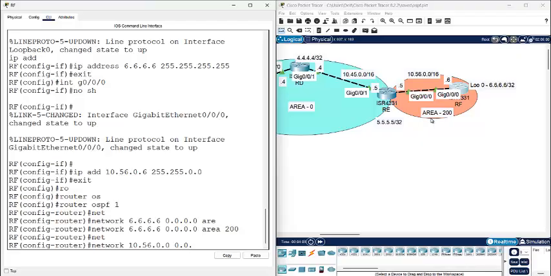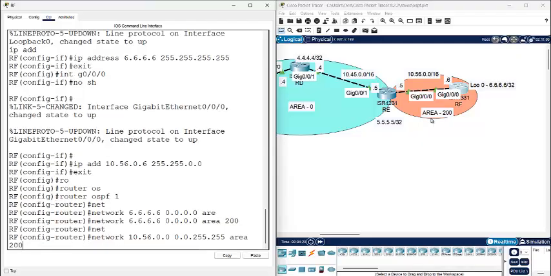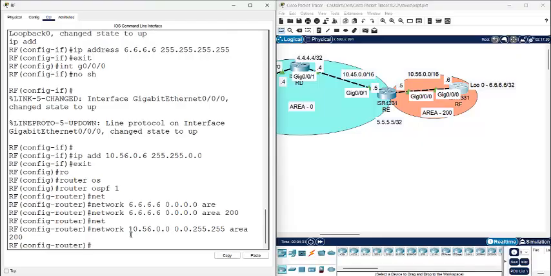And on the host bits, I don't care about any number. We have 0.6, but I don't care. I'm saying if these 2 octets are 10.56 on any of the interfaces, that interface should run OSPF. Okay, now ask the question.